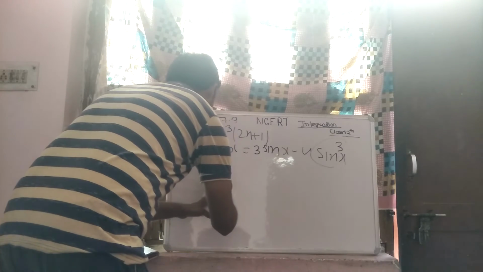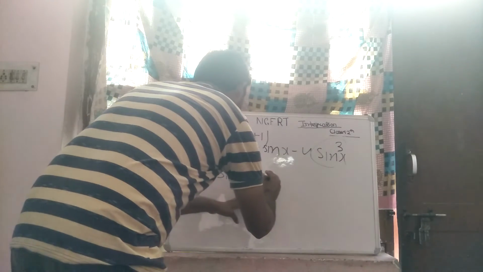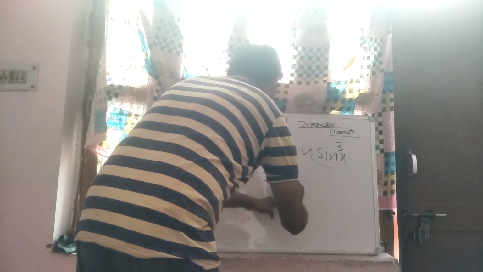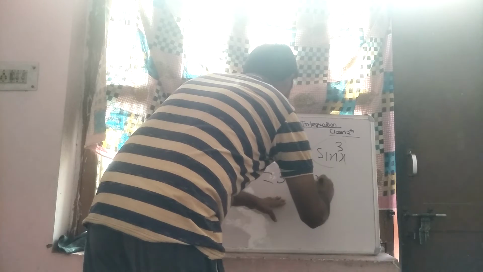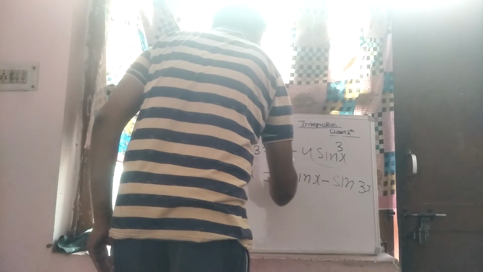So 4 sin cube x equals 3 sin x minus sin 3x. Okay, next, the fourth is in division form, so this is also 1 upon 4 times (3 sin x minus sin 3x).